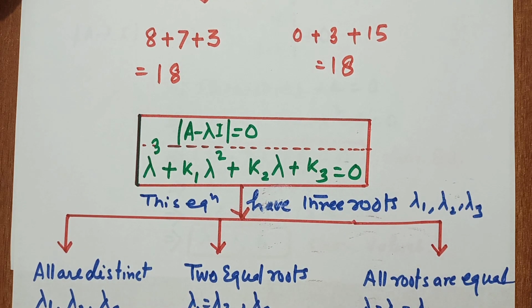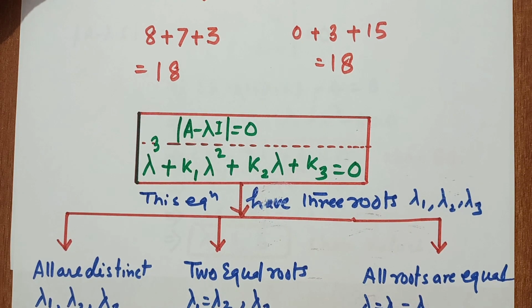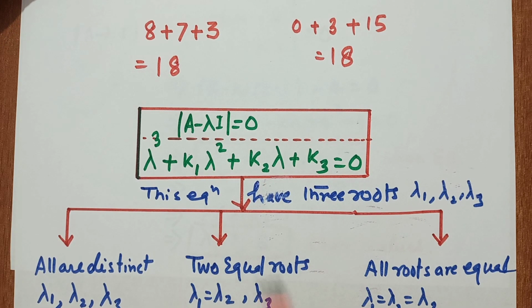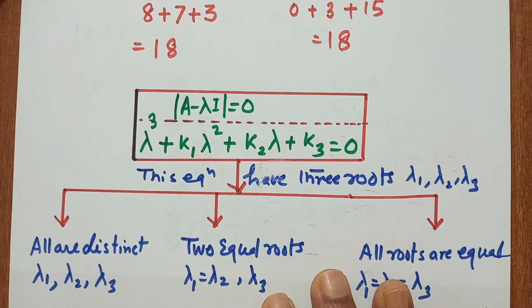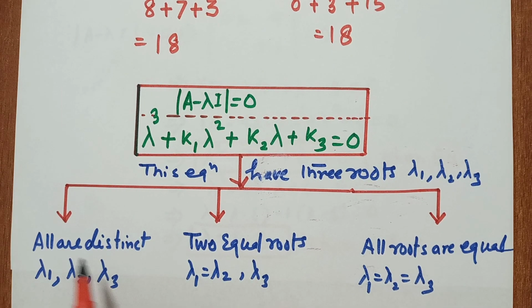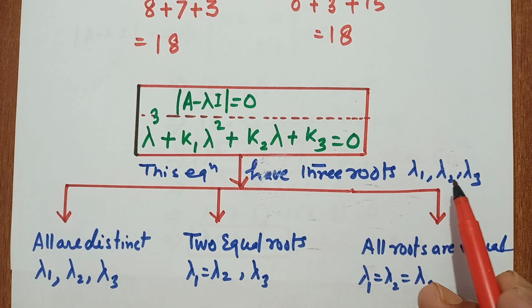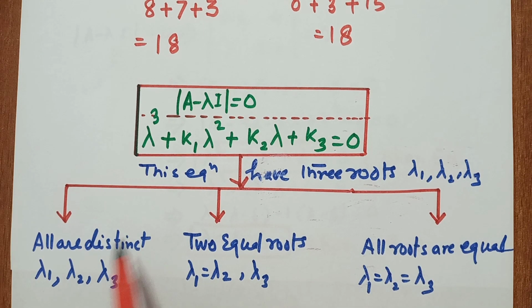So there are 3 possibilities. In our whole syllabus we get only 3 possibilities. The first possibility is that all values of lambda are distinct: lambda 1, lambda 2, lambda 3. The second possibility is that 2 are equal, suppose lambda 1 and lambda 2 are equal and this one is different.